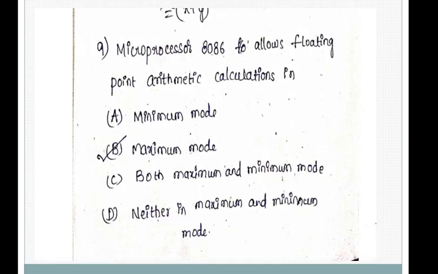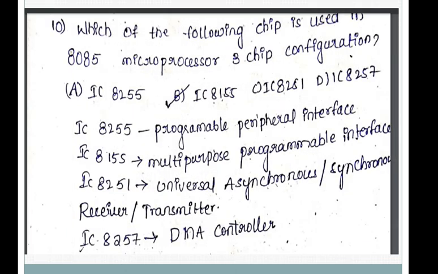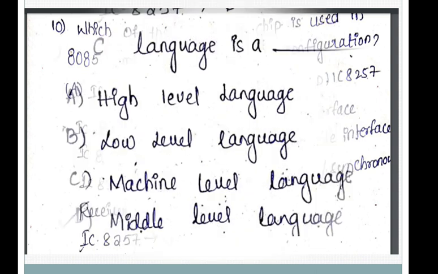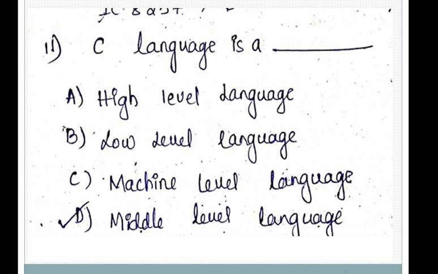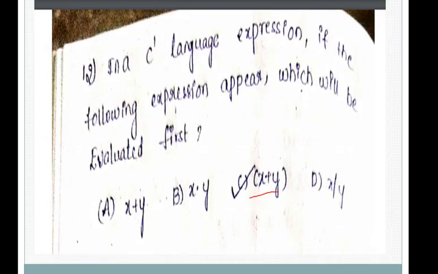The next one is the microprocessor. 8086 operates in two modes, minimum mode and maximum mode, and floating point operations can be taken in maximum mode. Next is also related to the microprocessor: 8255, 8155, 8251 and 8257. Here 8155 is the multi-purpose programmable interface. C language is a middle level language, and the expression within the braces will be calculated fast in C language.